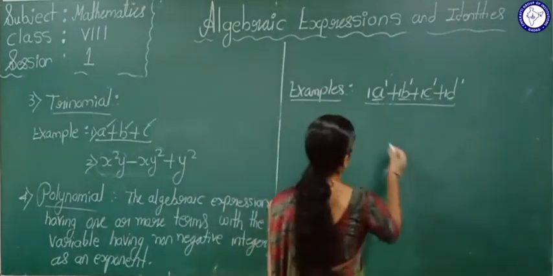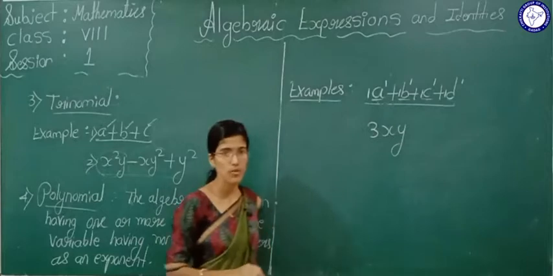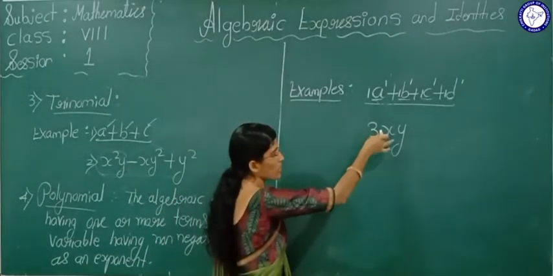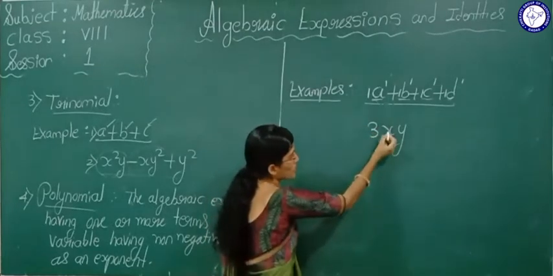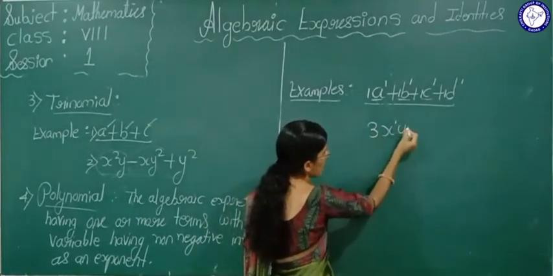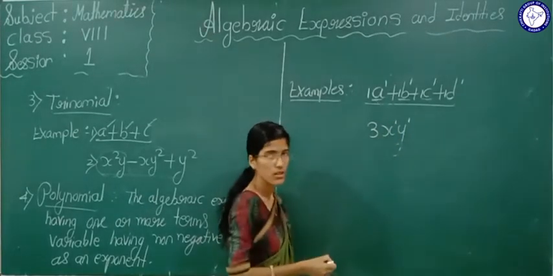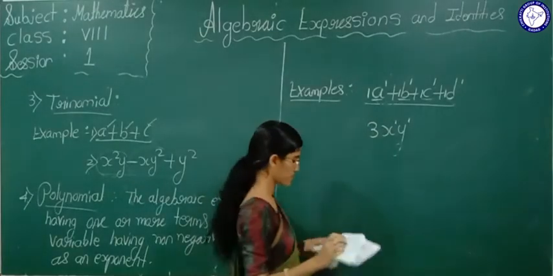Now I'll take one more example. 3xy. So this is also a polynomial, yes or no? An algebraic expression having one term. Now see, in this polynomial, x power is 1, y power is 1. So these are whole numbers, no? Variable power should be a whole number. That's all.